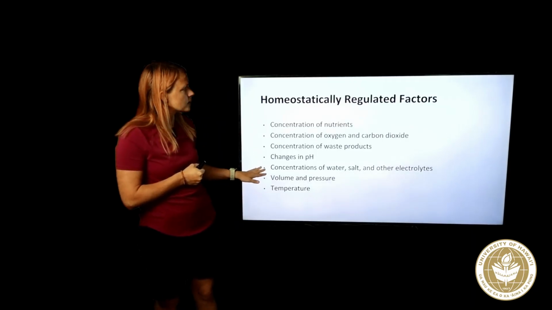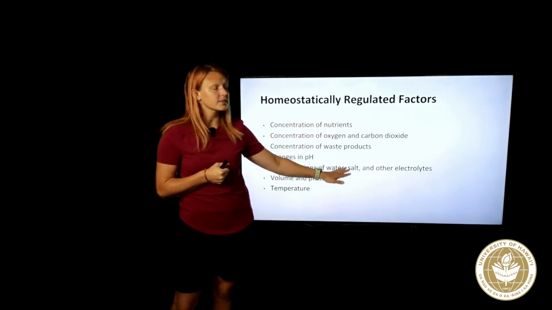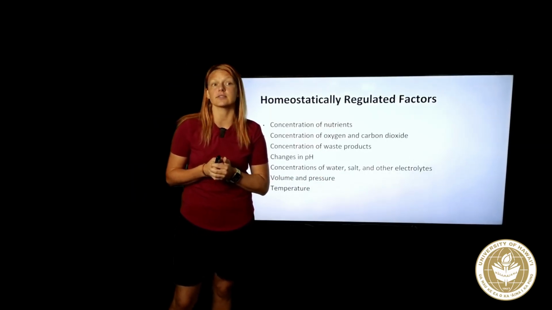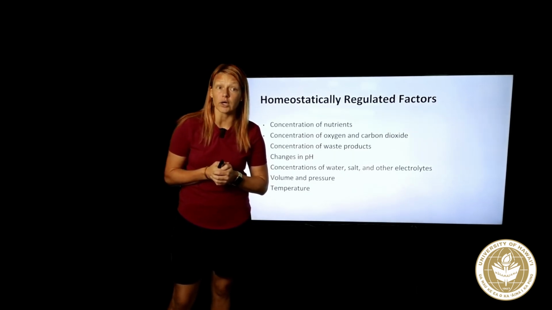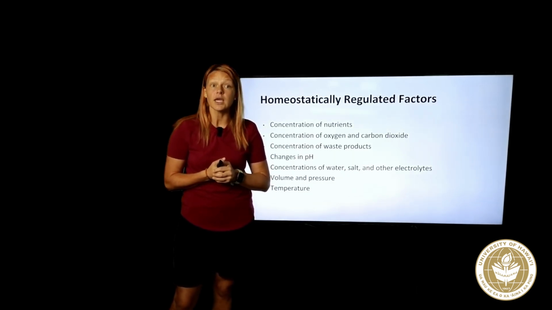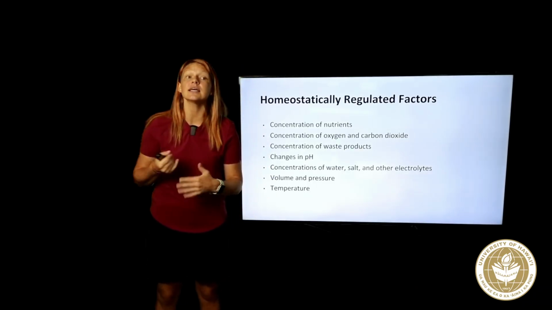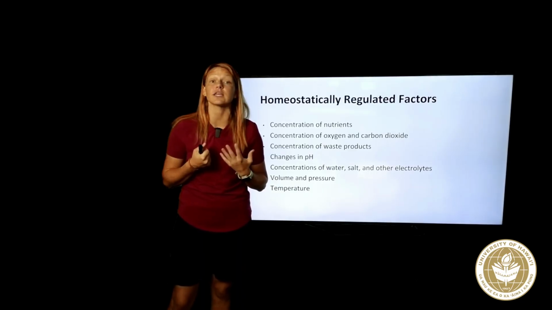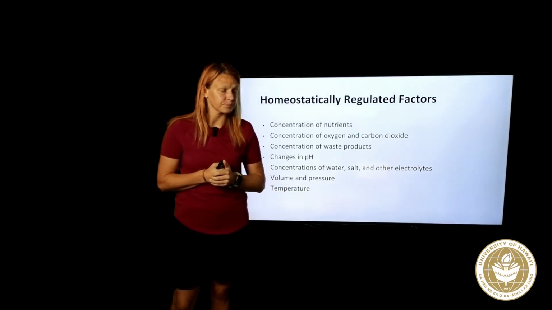We also need to regulate the concentration of things like water, salt, and other electrolytes. So because the relative concentration of salt and water in the extracellular fluid influence how much water either enters or leaves our cells, these concentrations must be carefully regulated to maintain the proper volume of our cells.